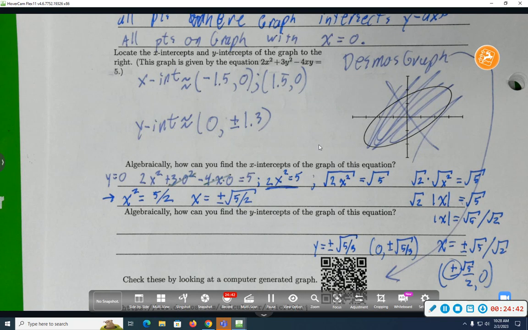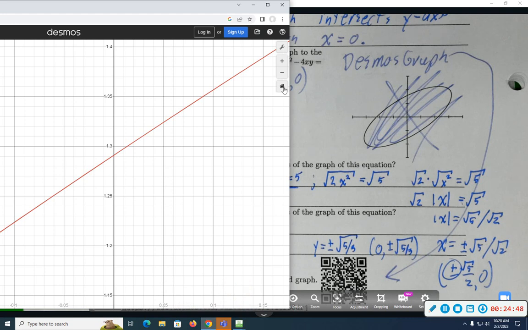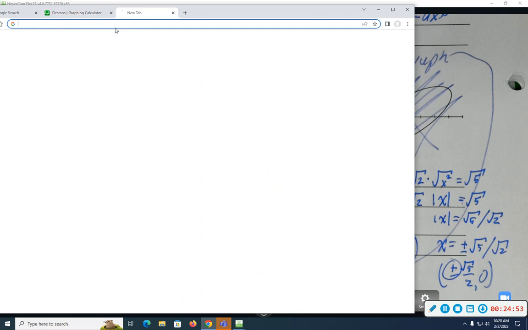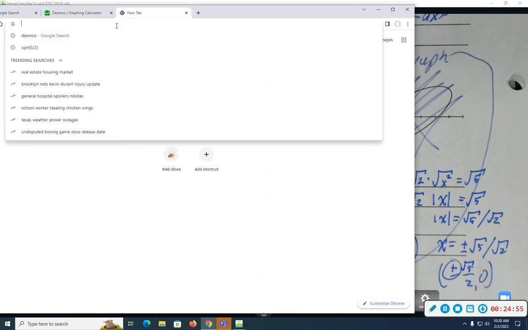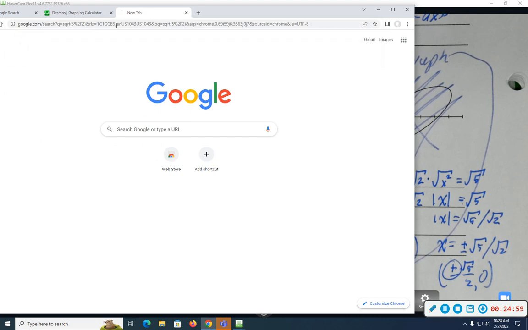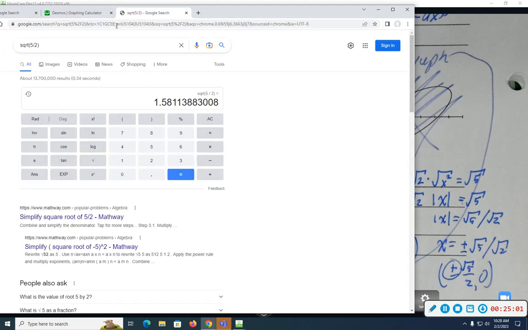And maybe, while that's happening, I'll do the laziest thing I could. I will just have a machine check whether those are reasonable. So let's see, that's what I see for the square root of 5 over 2.